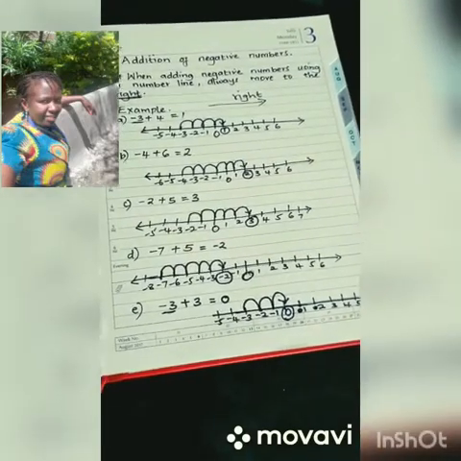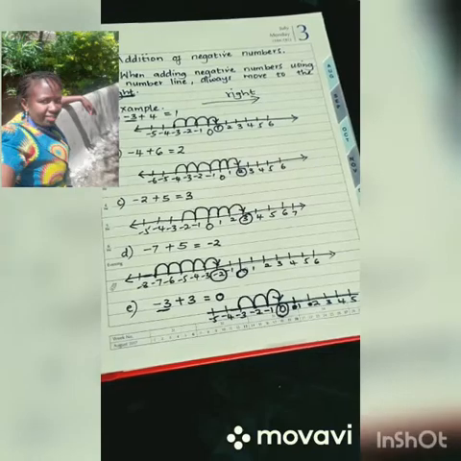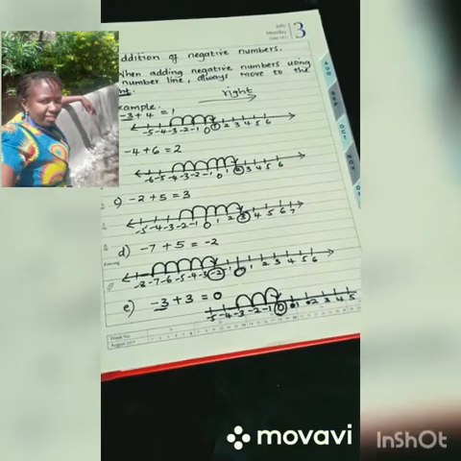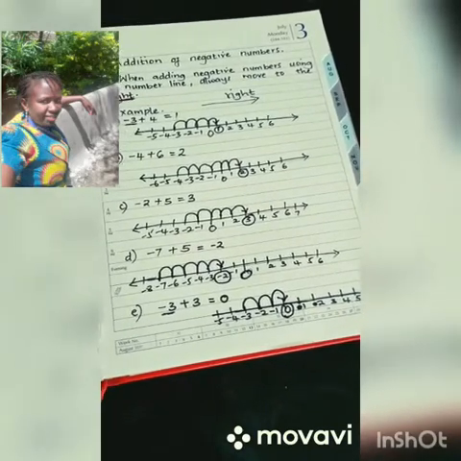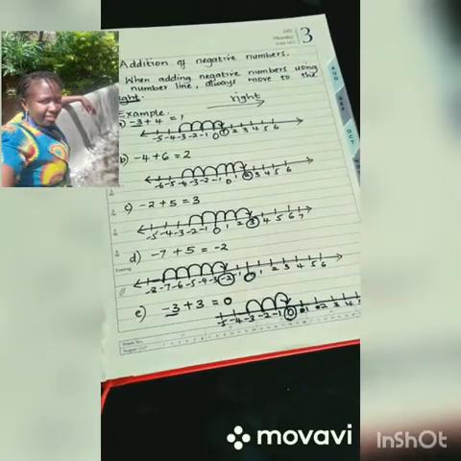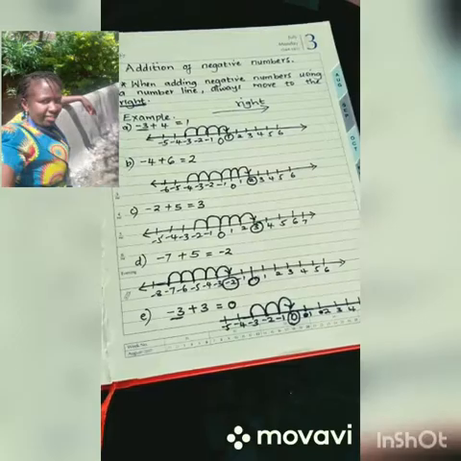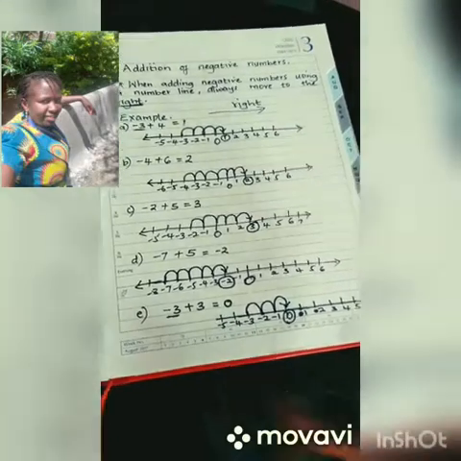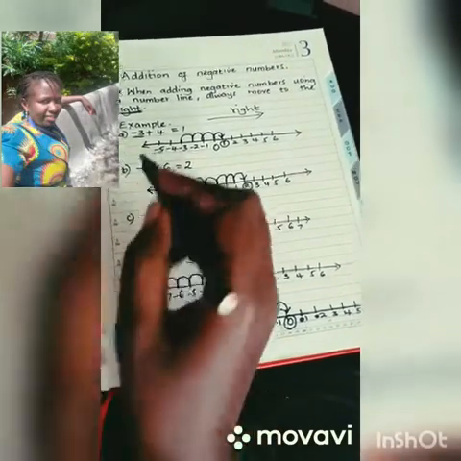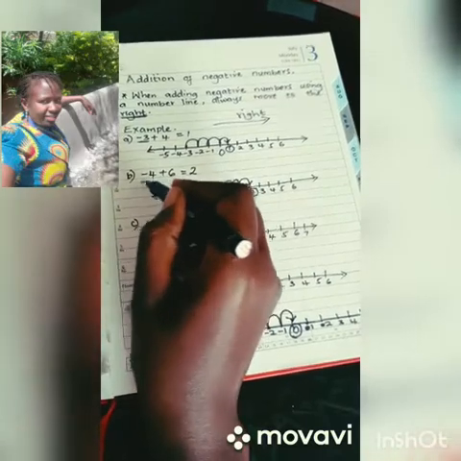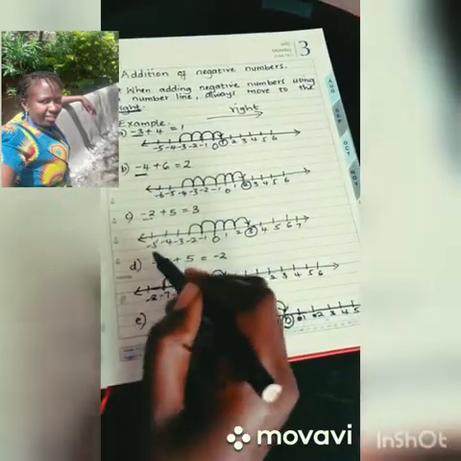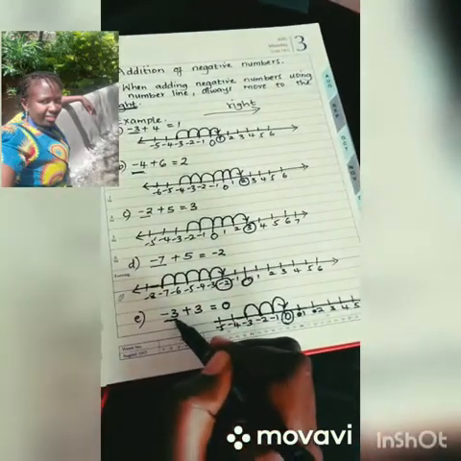So that tells you can have a positive number as an answer. You can have a negative number as an answer. You can have a 0 as an answer. So the key point is use the correct starting point. I've said starting point is the first number. This first number, this is the starting point.